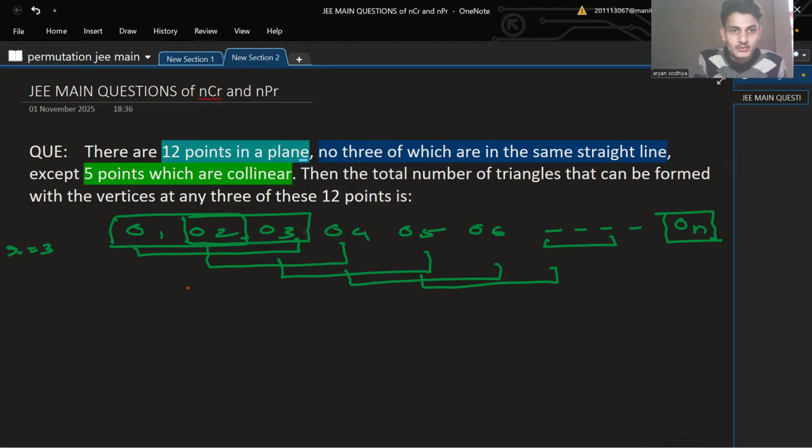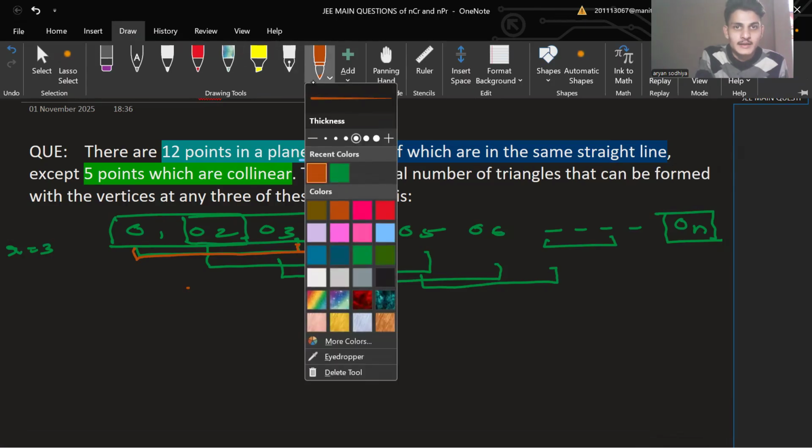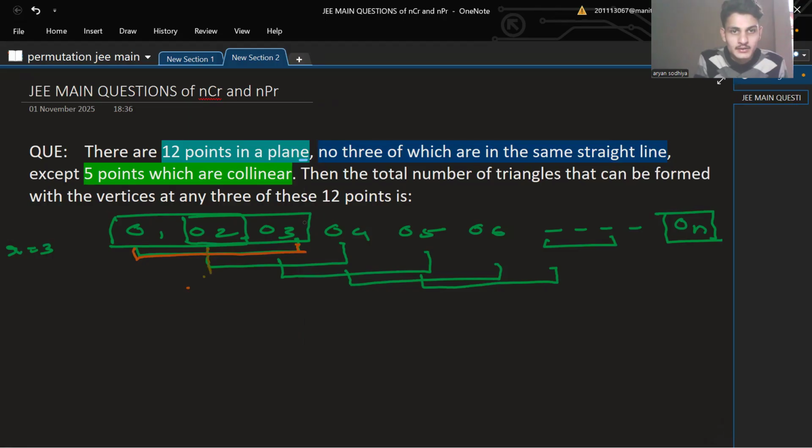First of all, this one with the orange color is the first group. Then I will use the brown color for this one group.